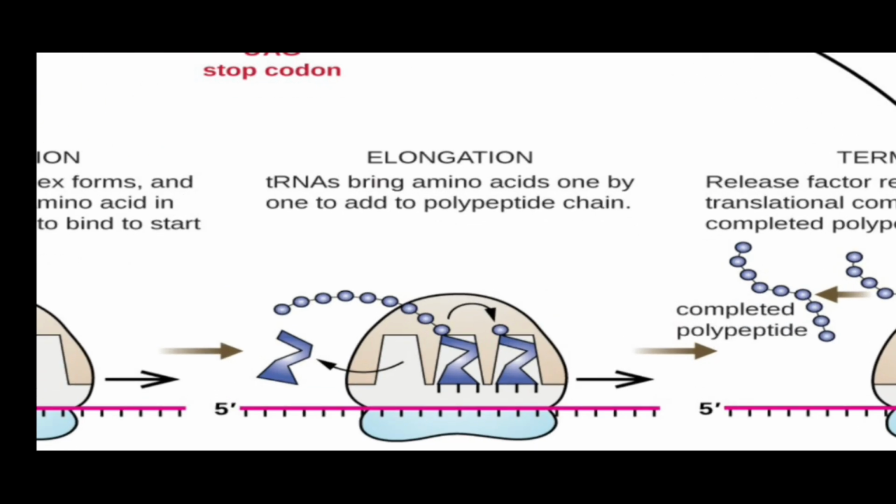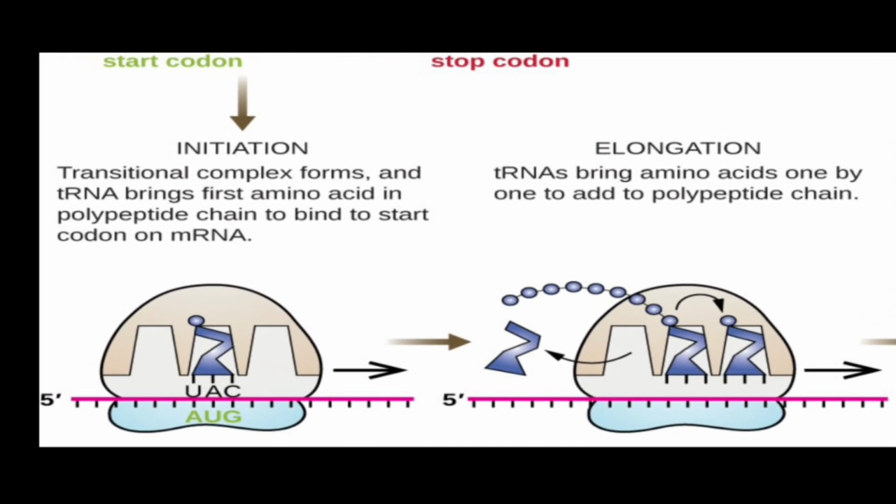Here you can see the structure of the ribosomes. As we say, the 30S subunit is the smaller ribosomal subunit of prokaryotic cells.